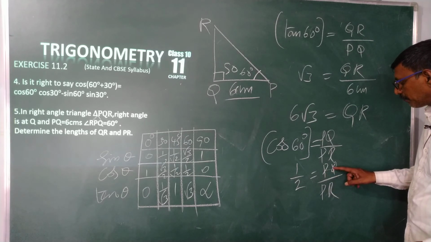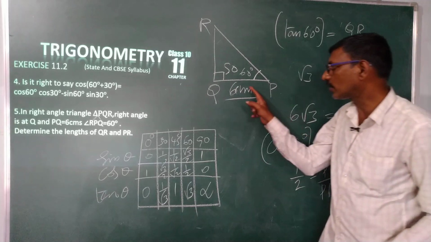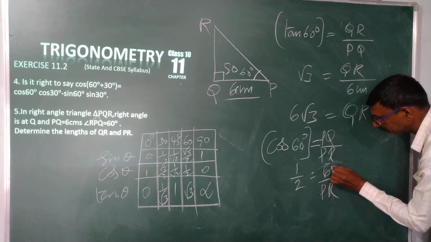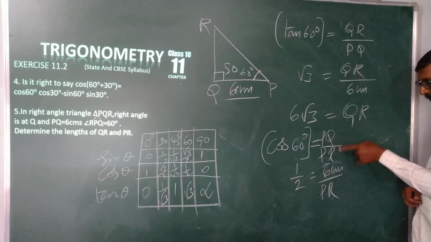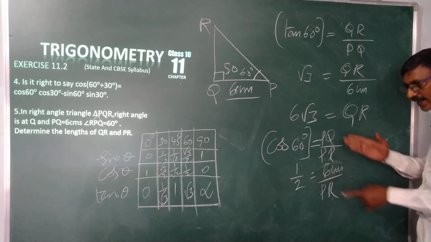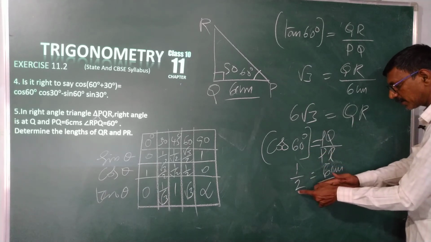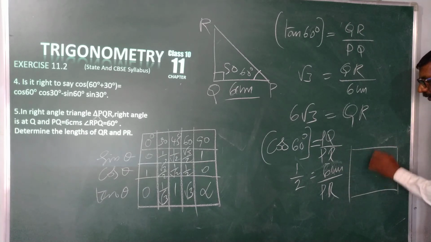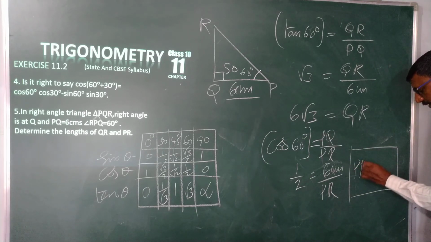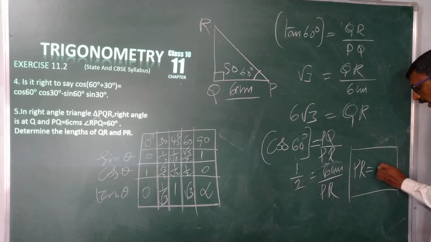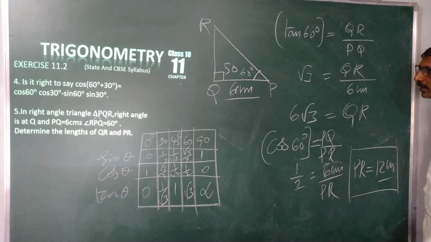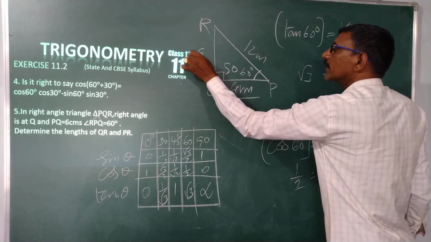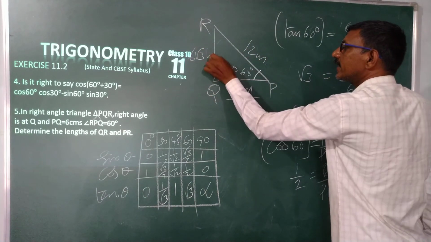PQ is equal to 6 centimeters. Now taking cross multiplication, this is multiplied by this and this is multiplied by this, then I will get PR is equal to 6 twos are 12 centimeters. This is 12 centimeters. And QR is 6 root 3 centimeters. That's all.